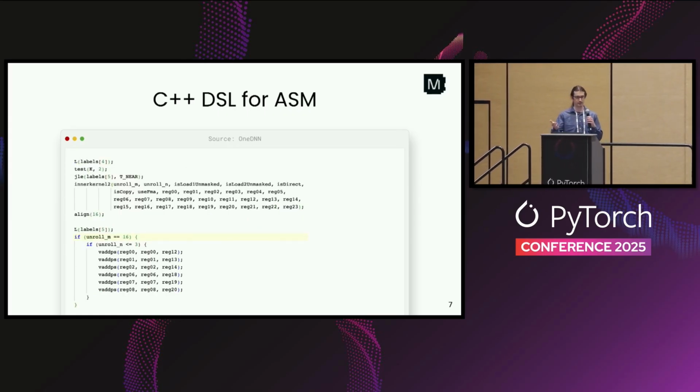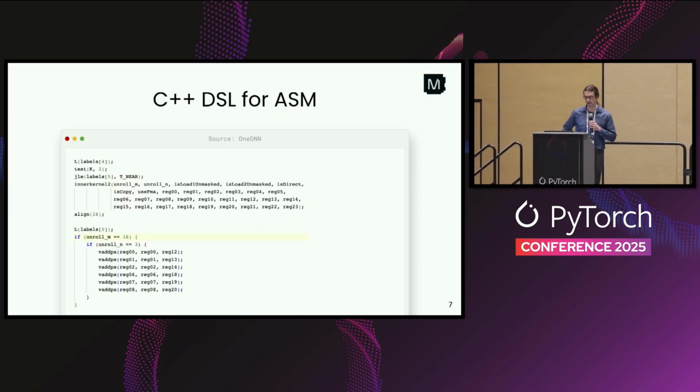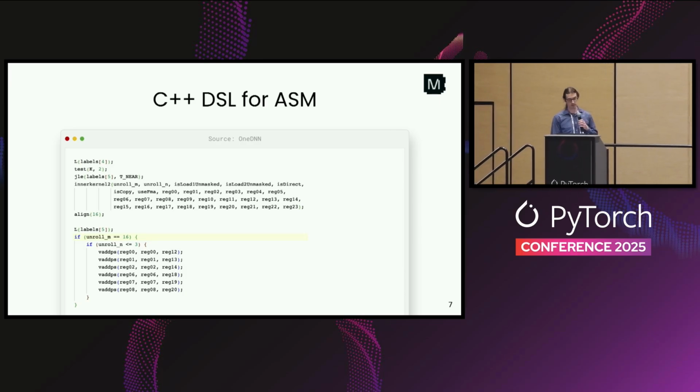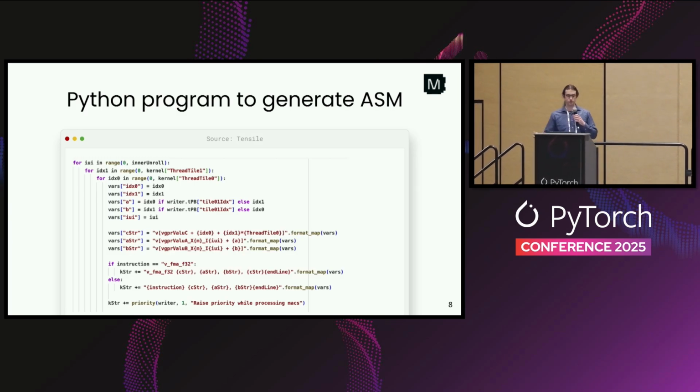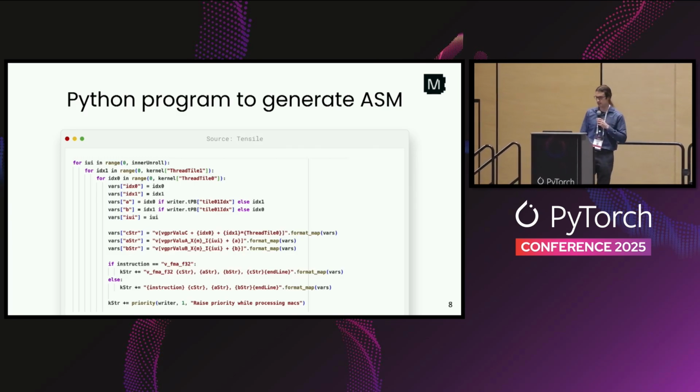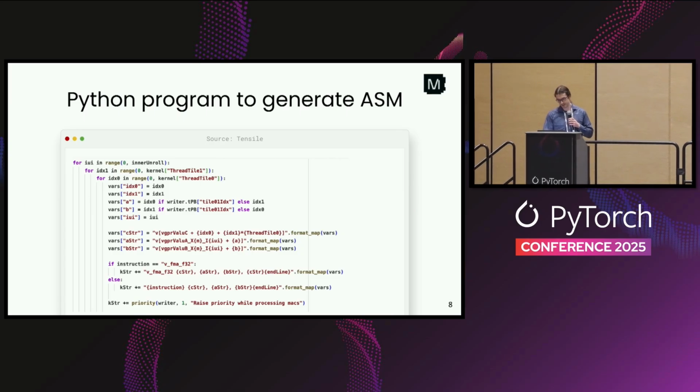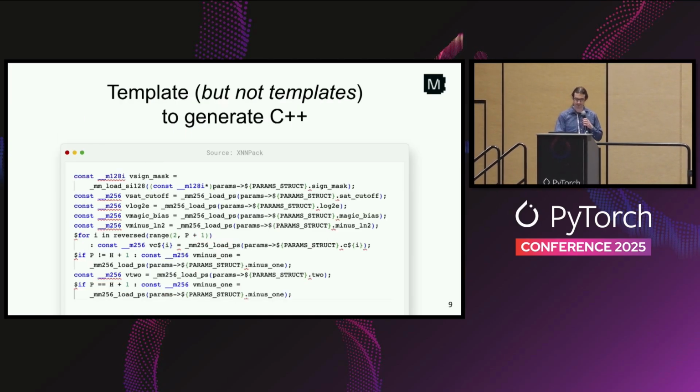And everything else is like various flavors of DSLs that are often just abstracting over assembly code, like 1DNN, a C++ DSL to generate assembly. Or you could choose a Python DSL to also generate assembly code, like Tensile here.